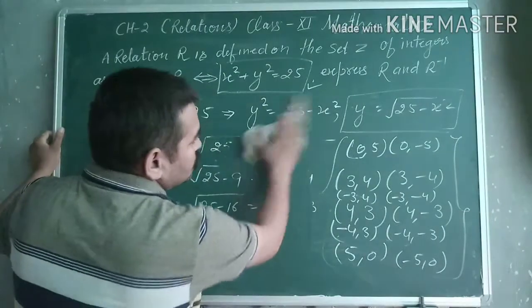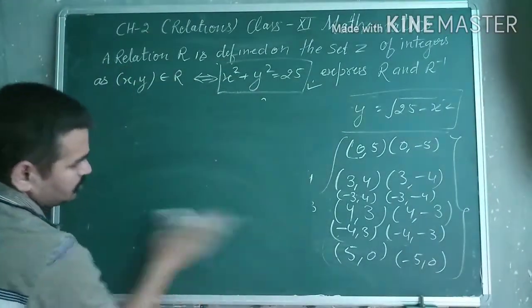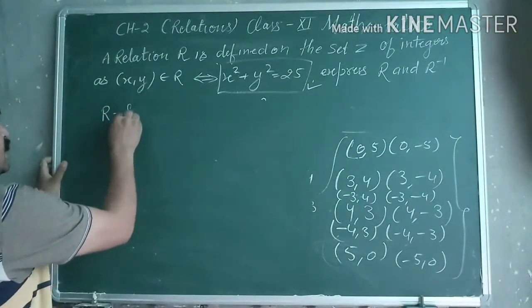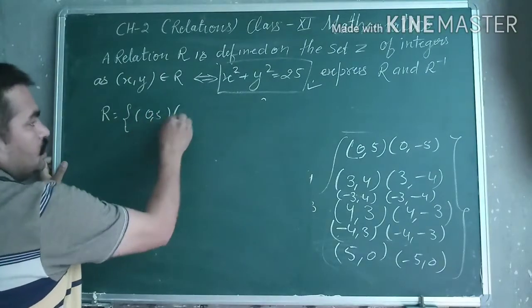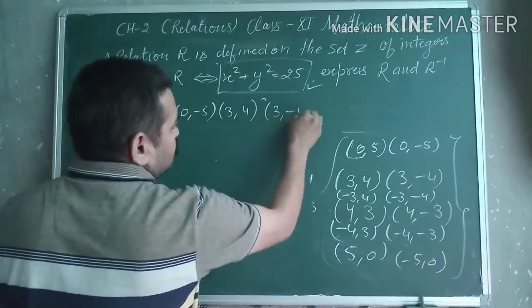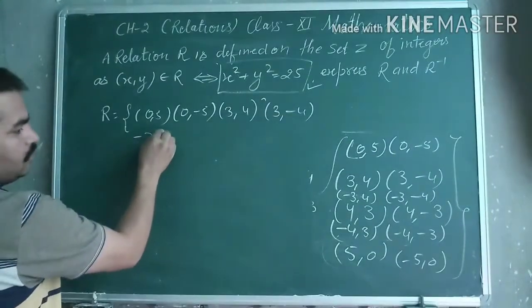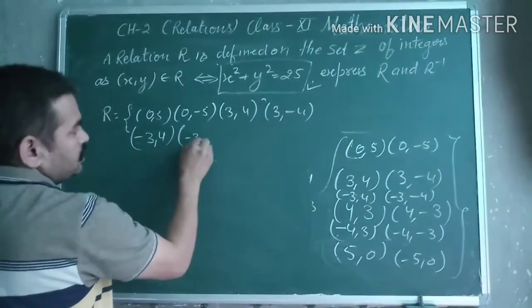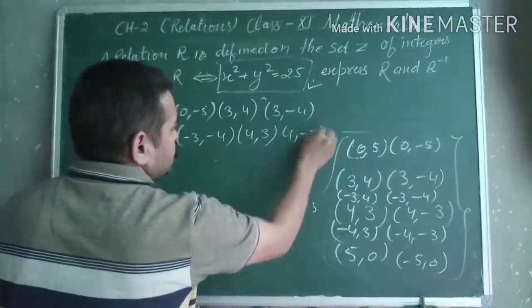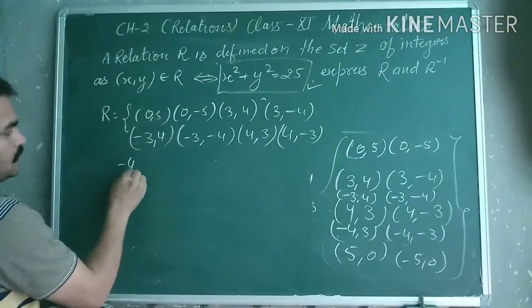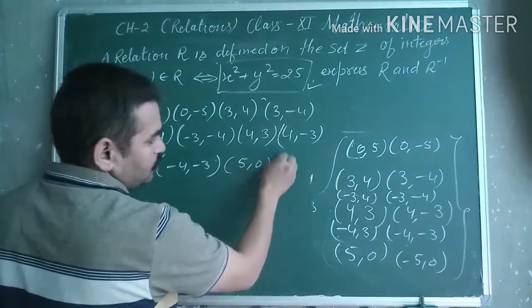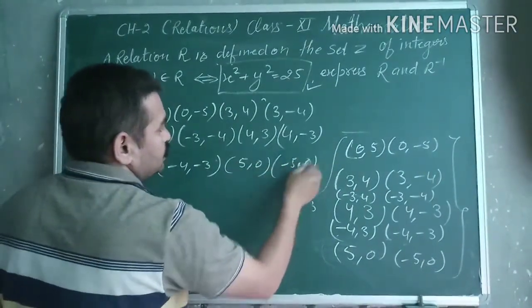So I am going to rub this. Now the relation R can be written as R is a set of (0, 5), (0, -5), (3, 4), (3, -4), (-3, 4), (-3, -4), (4, 3), (4, -3), (-4, 3), (-4, -3), (5, 0) and (-5, 0).